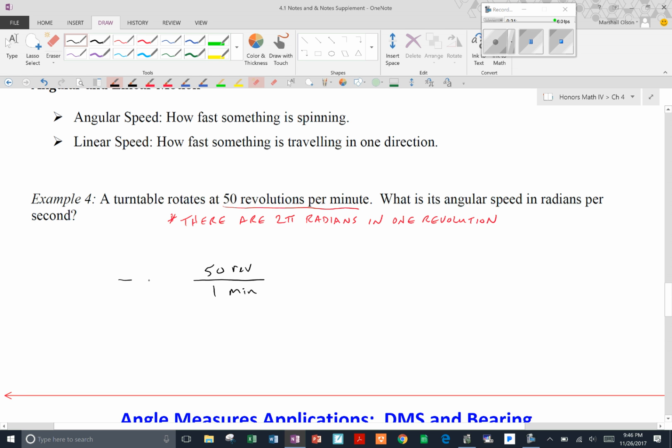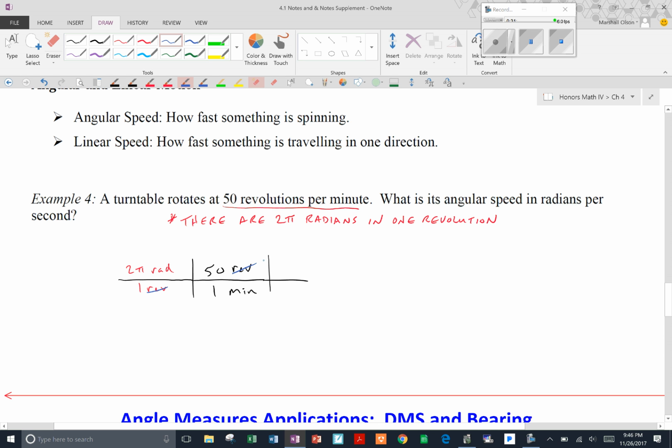So we kind of put our starting value in the middle, and then on the left I'm going to convert the revolutions to radians. So I know that 1 revolution is equal to 2 pi radians.